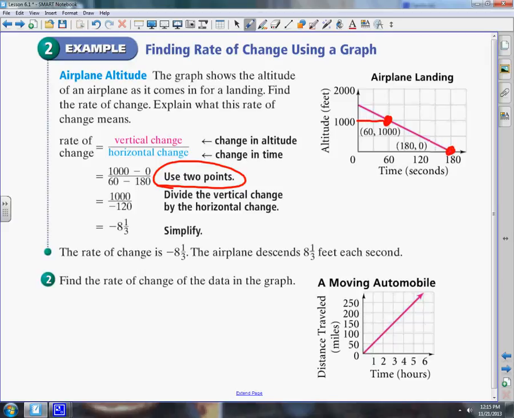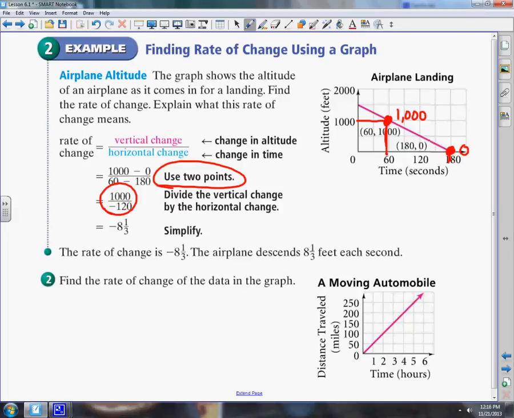So this is 1,000 and this is height 0, altitude in feet above. They subtracted those two, and then they said it went from 60 seconds to 180 seconds, and they subtracted those and found it was 1,000 over negative 120, so that was negative 8 1/3.